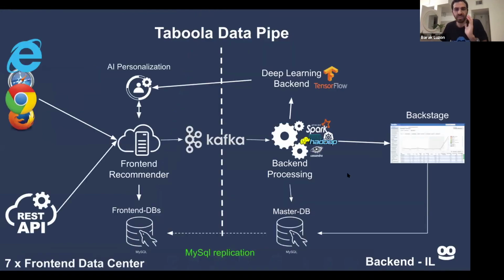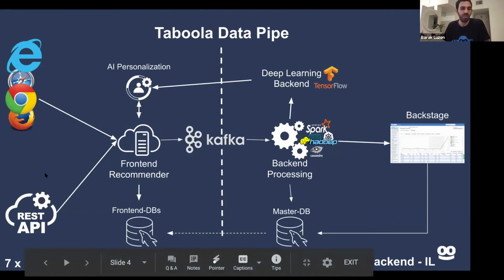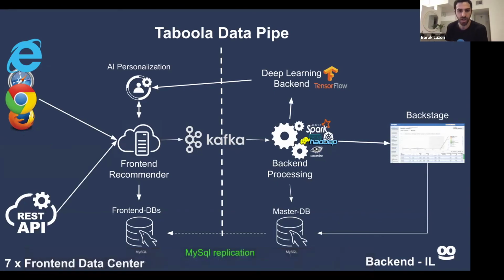Just to start things, so you can get a clear picture, I want to talk a little bit about the Taboola data pipe and how it looks. On one hand, we have clients which might come from REST APIs or mobile phones or browsers, for people who are reading an article. That request to get recommendations on that page will get to our front-end data centers.